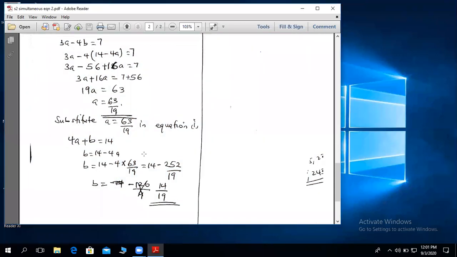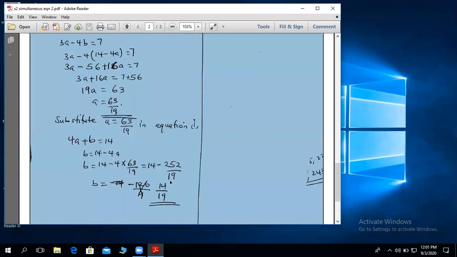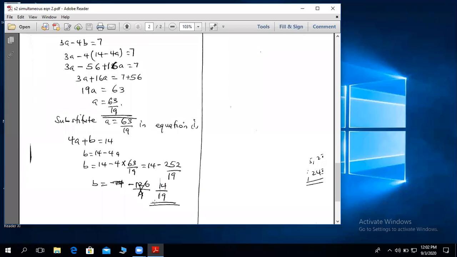And when I subtract this, my answer ends up becoming positive 14 out of 19 as my value of b.